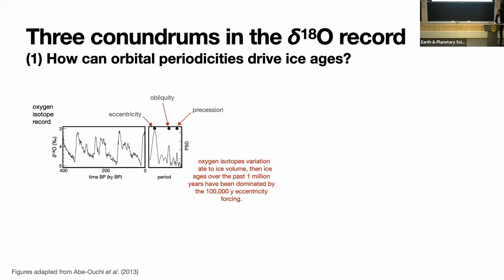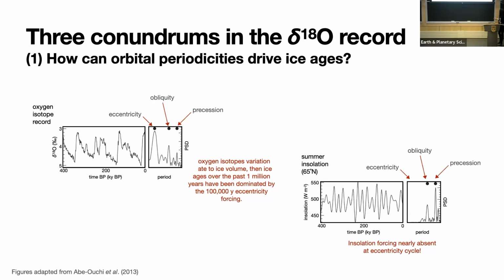And perhaps what's even more puzzling is that if you look at the frequency content of ice volume in, say, the last million years, so this is a time series of that delta 18O, but cut short, you see that the largest signal comes in the eccentricity band. And yet, if you look at changes in insolation that would supposedly drive these changes, there's barely any signal in the eccentricity band, and most of the power is elsewhere.